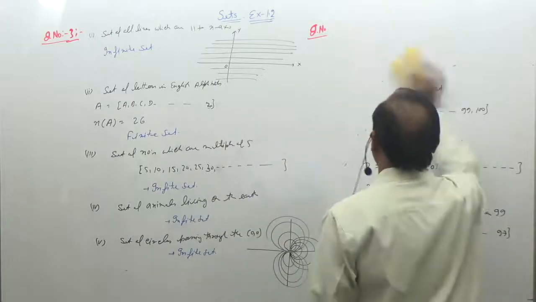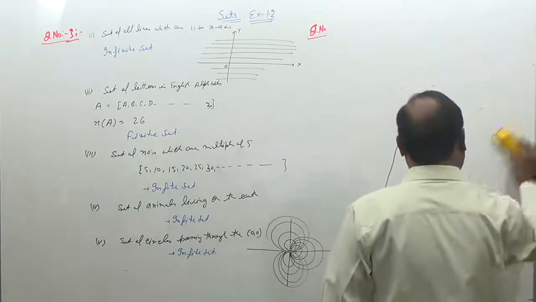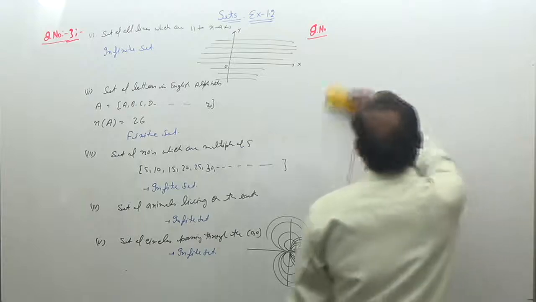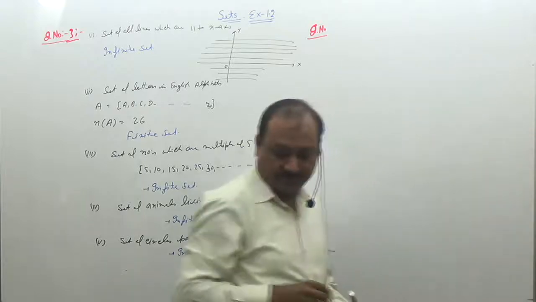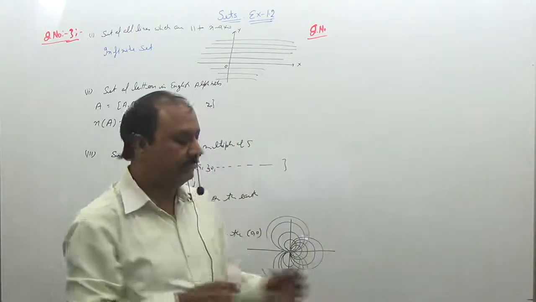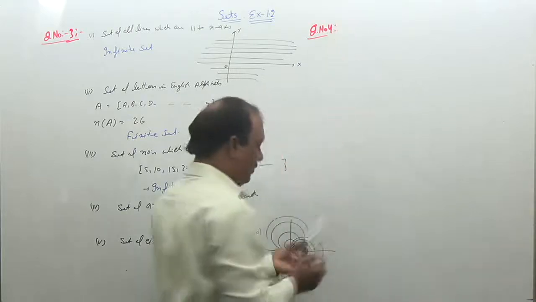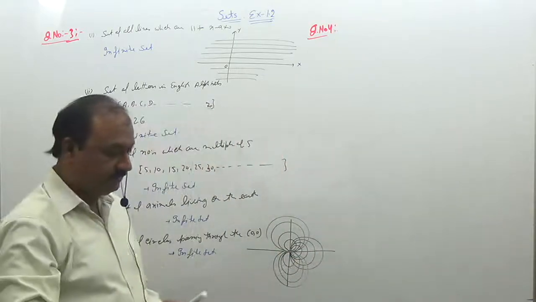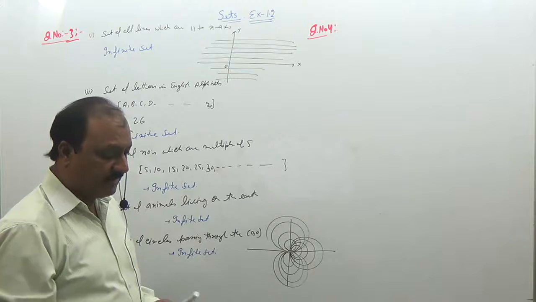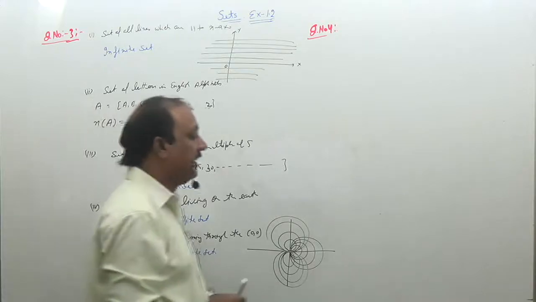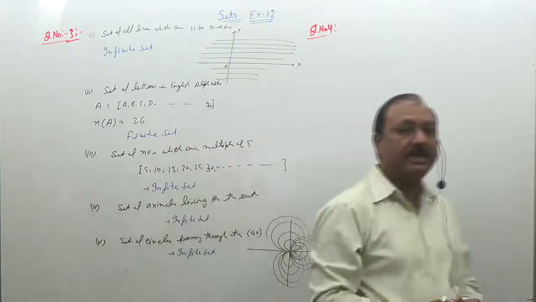Next is question number 4. Question 4th is, in the following, state whether A is equal to B, that is, equal sets.